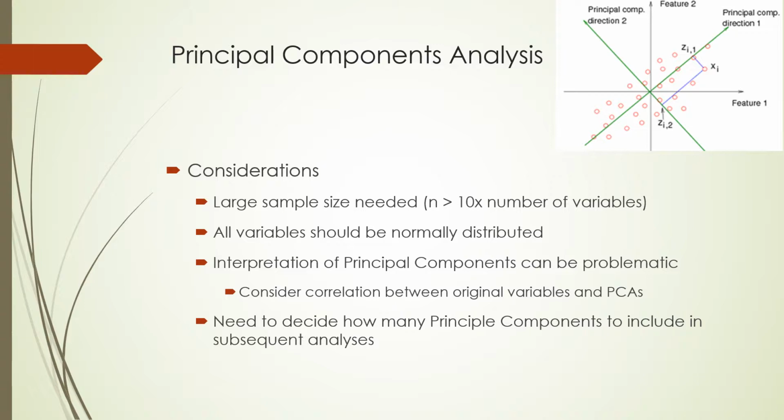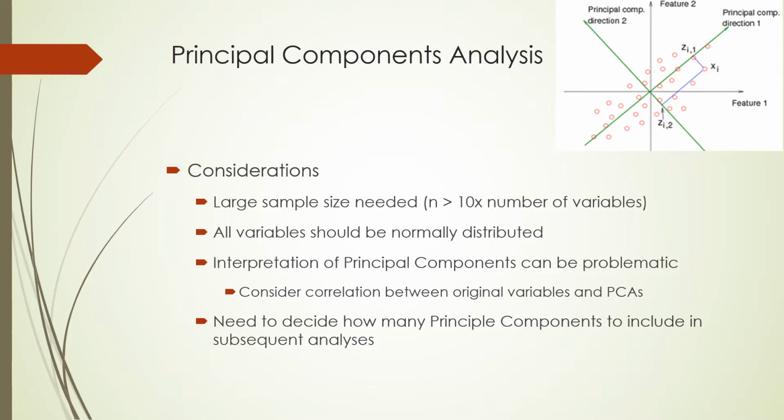but different people might interpret them differently, and so on. And then a final step in any PCA analysis is you need to decide how many principal components to include in subsequent analyses. So again, if you have 20 variables that you've measured at each one of your sites, you may decide that 3 principal components explain most of the variation in those data, or somebody else might decide 4 or 5.